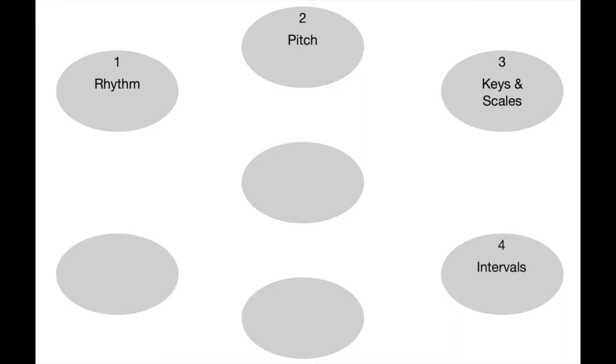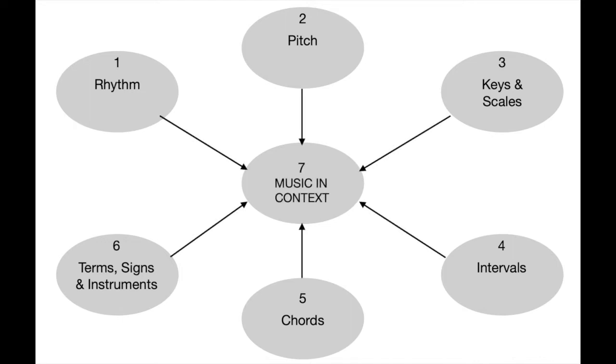Unit 4, Intervals. Unit 5, Chords. Unit 6, Terms, Signs and Instruments. And finally, Unit 7, Music in Context, where you put all the information from Units 1 to 6 together.